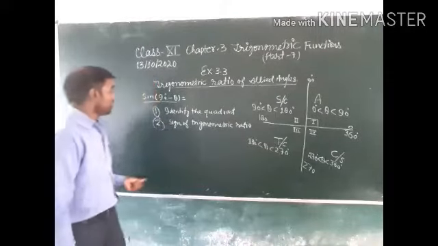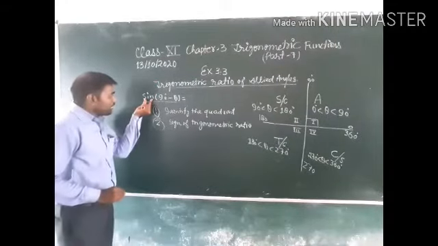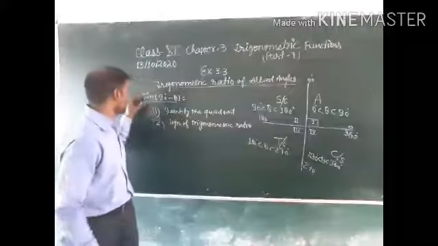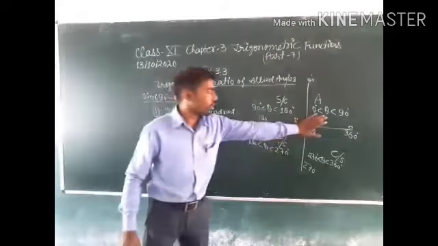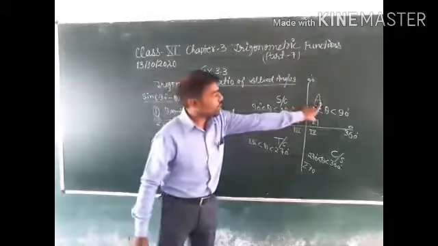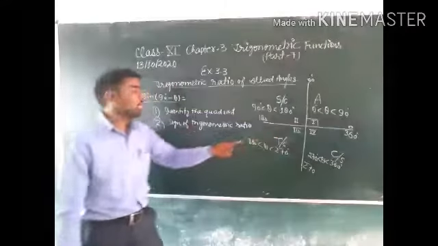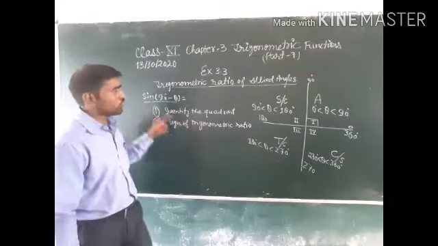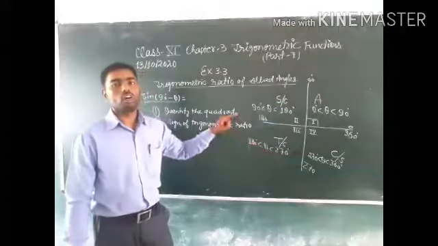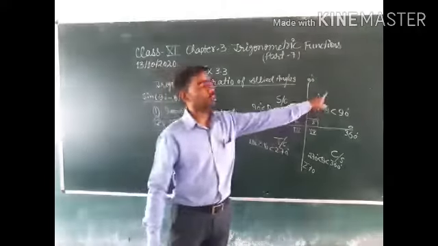Sin 90 minus theta belongs to first quadrant, and you already know in first quadrant all trigonometric ratios are positive: sin theta, cos theta, tan theta, sec theta and cosec theta are all positive.